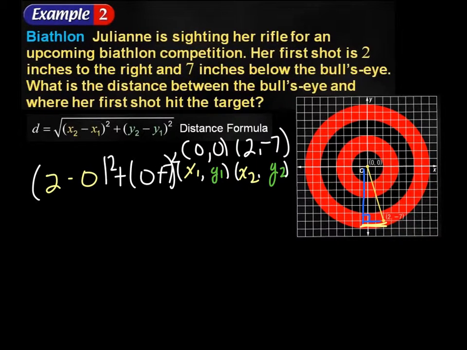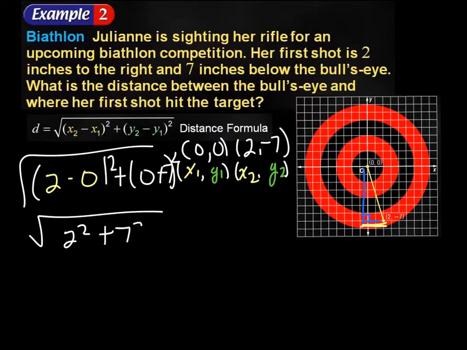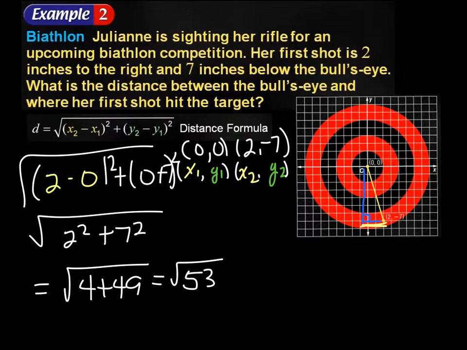And I've got the square root of 2 squared plus 7 squared. 4 plus 49 is the square root of 53, which is not normally how we tell distance. So if we round to the nearest hundredth, we get about 7.28 inches.